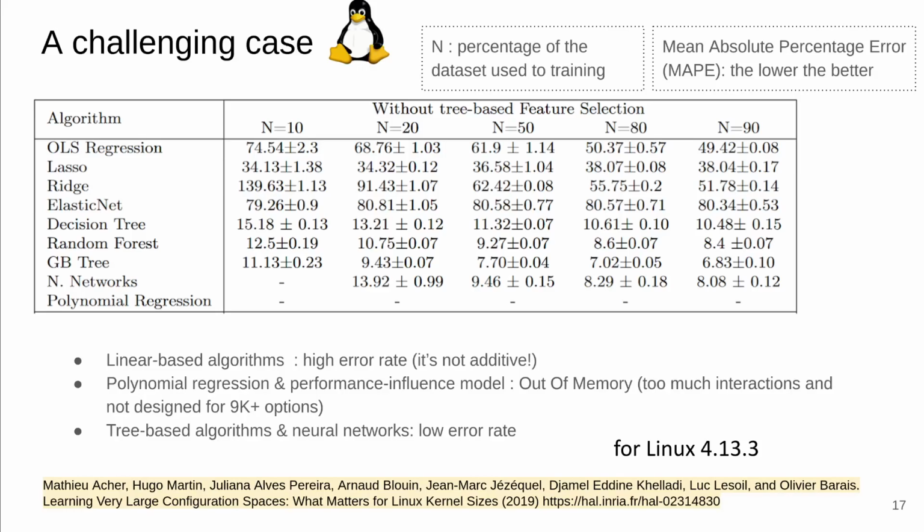Also, performance influence models and polynomial regression, when you're trying to capture feature interactions, are not able to scale due to the huge number of options of the Linux kernel. So binary size prediction is not straightforward at all. Some learning techniques do not scale, and if you want to reach a good accuracy, you need to invest and gather lots of configurations.